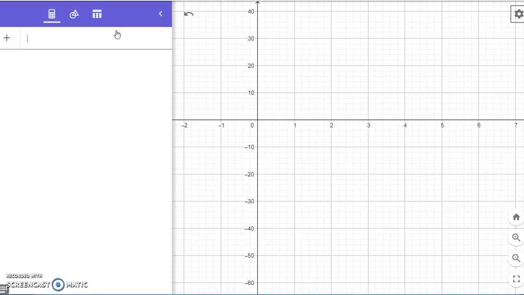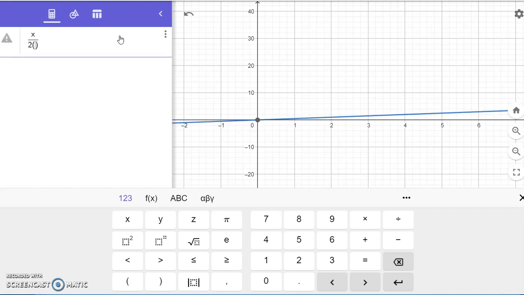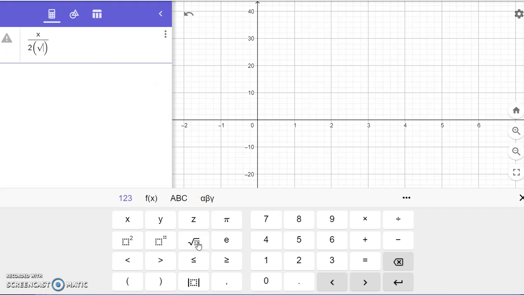I've got x divided by 2 times the square root of 16 plus x squared minus 1/3.